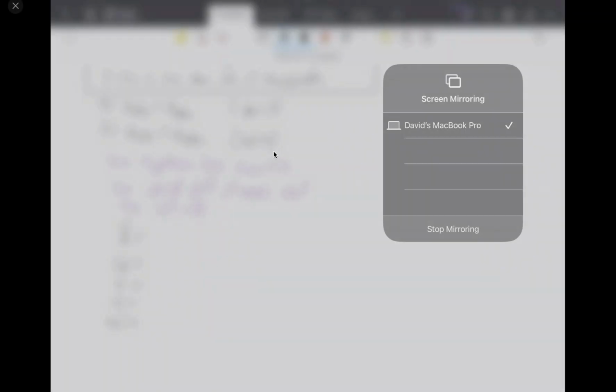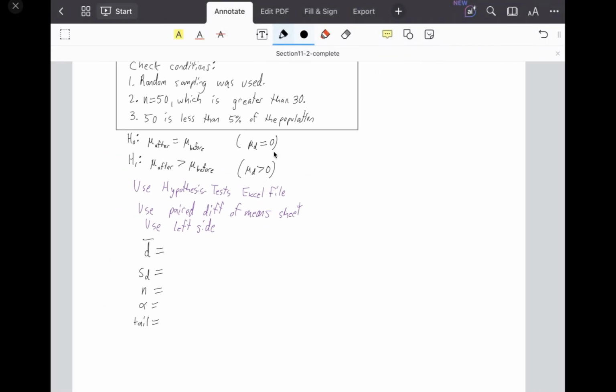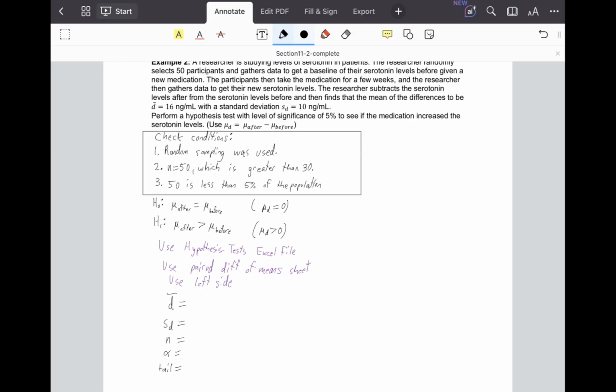Okay, so going back here, identifying what they gave us, d bar is 16, SD is 10, N was 50 participants. It's before and after, that's what makes it a pairing. Level of significance, oh, it did tell us 5%, 0.05. And the tail we get from the alternate hypothesis, and this is a right tail.